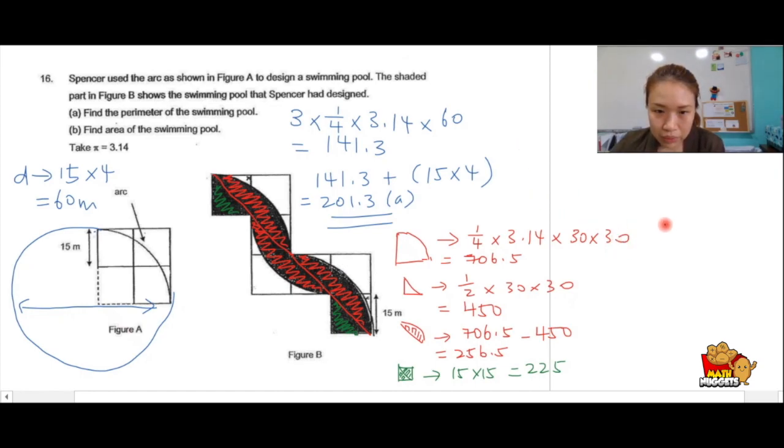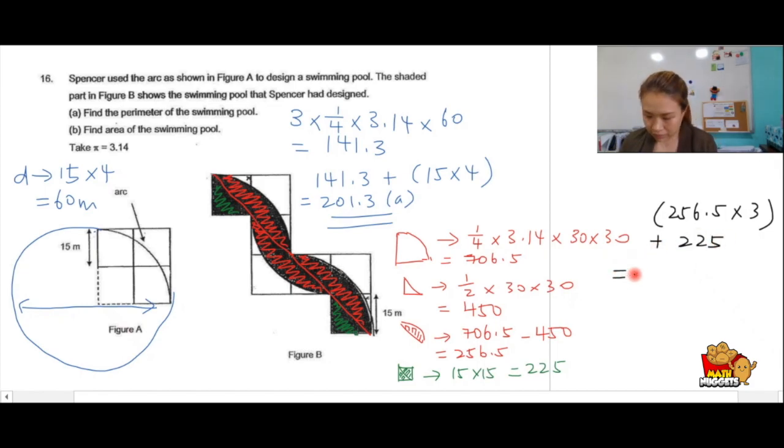So my total area would be 256.5 times 3, and I add together with that, my answer would be 994.5. This is for part B. So remember to write your units.